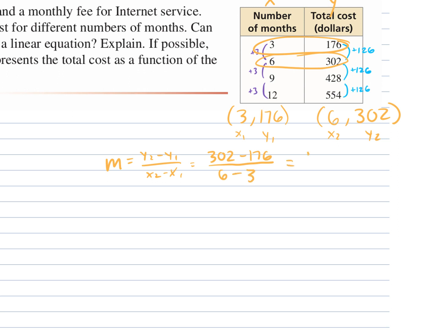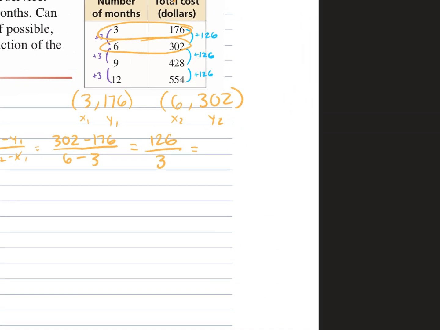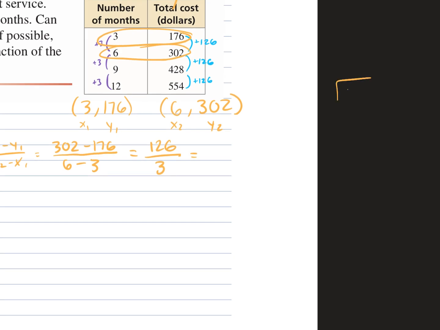So we just did that before. We got 126 over 3. Let's check. Can I divide 126 by 3? 3 goes into 12 4 times. And 3 goes into 6 2 times. So 42. So my slope would be 42.